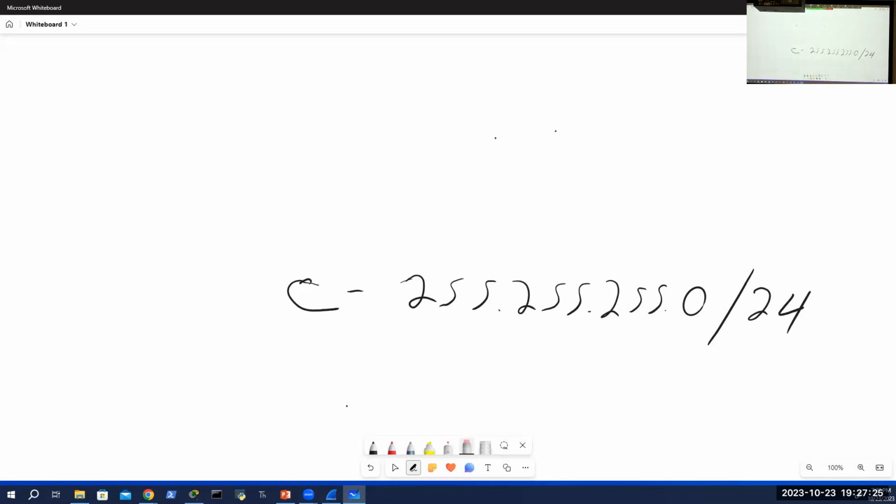So again, there are a few questions in this quiz you'll take that say things like, how many hosts are there in a class C network? So a class C network has a subnet mask that looks like this. So how many hosts can you have in that network?